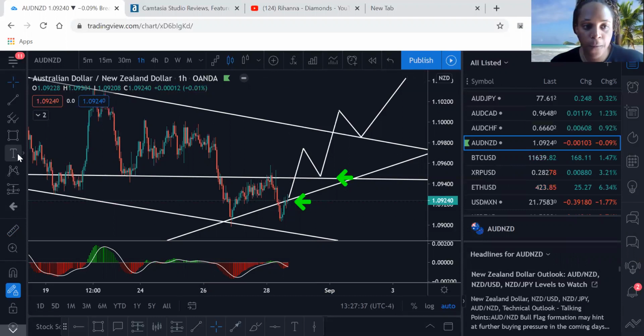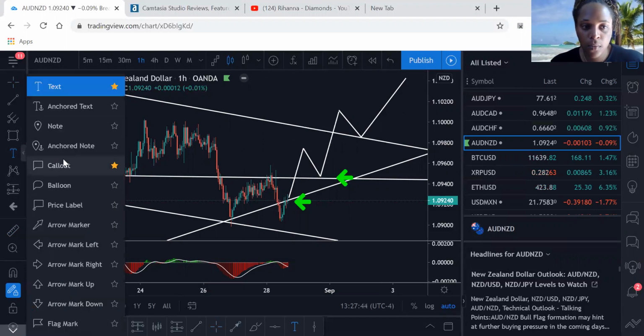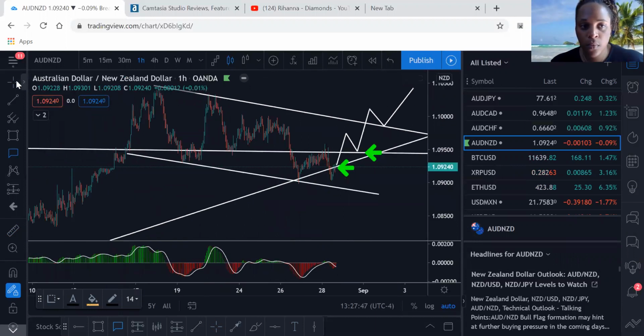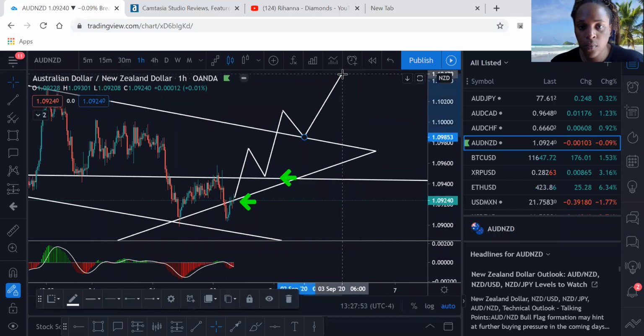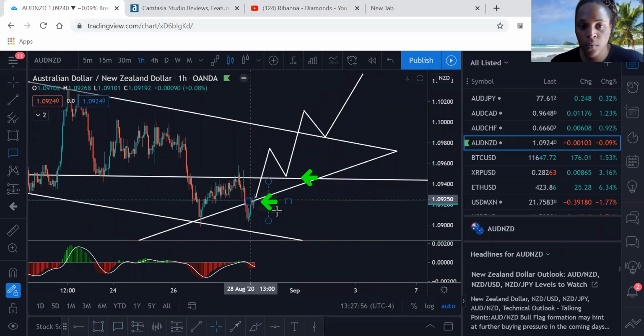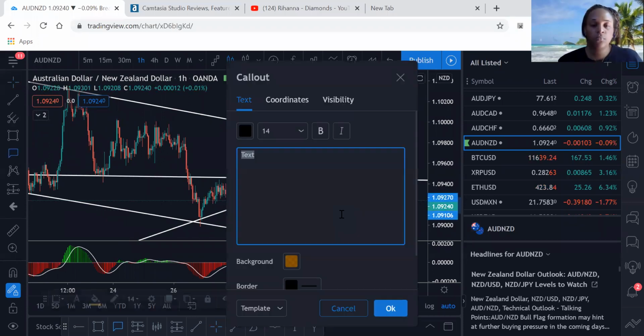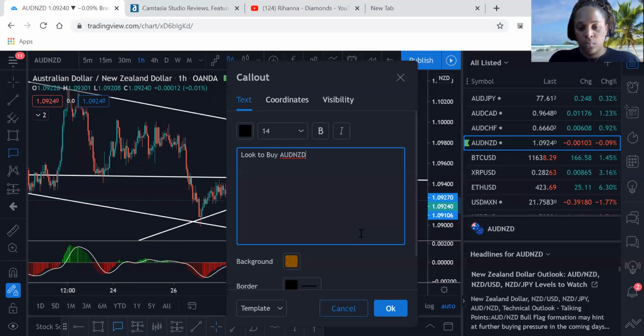So my notes would be, and let me look for that resistance zone.